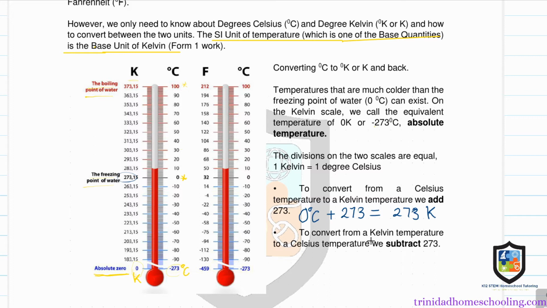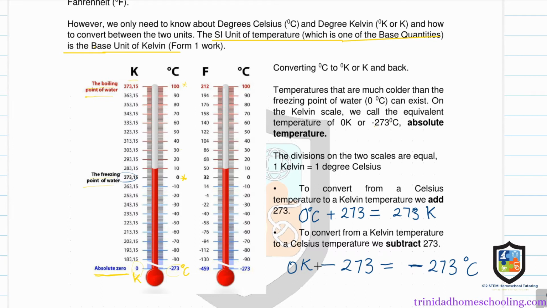To convert from a Kelvin temperature to a Celsius temperature, we subtract 273. So let's look here. Let's take absolute 0 kelvins. To turn this into degrees Celsius, we subtract 273, and we will get minus 273 degrees Celsius.